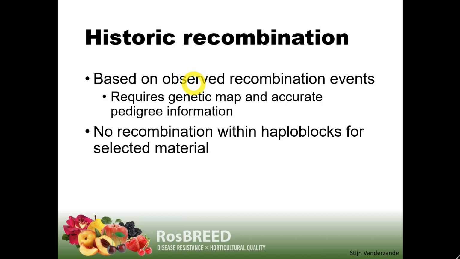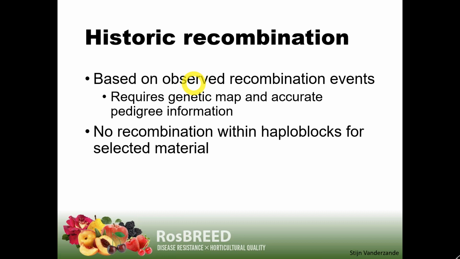And so we can go through our pedigree and figure out where recombinations have happened and where they have not happened. Any markers in between which no recombination occurred, we could then put together in a haploblock. Now, if we're using Visual Flex QTL, we need a genetic map and we need accurate pedigree information.